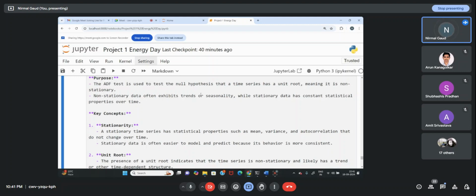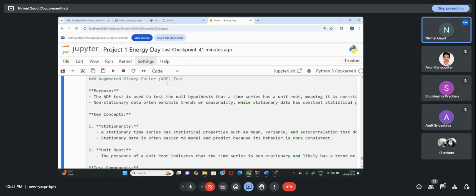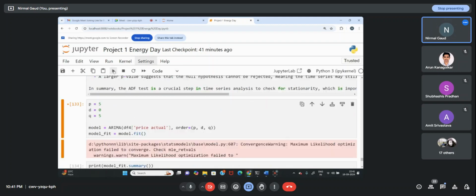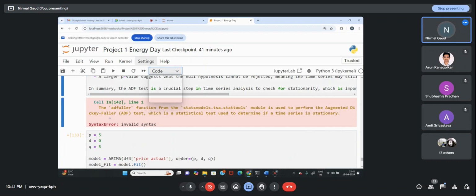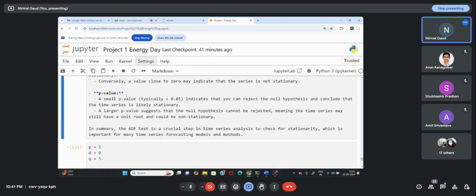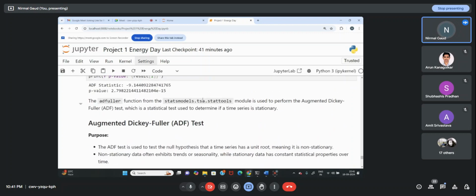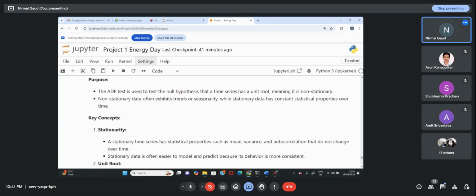So we apply this test to check our null hypothesis, whether my series is stationary or not.